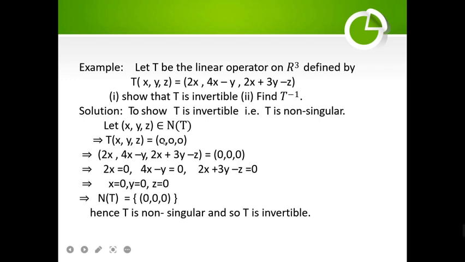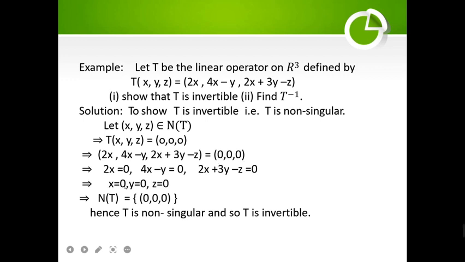We have 2x = 0, 4x - y = 0, and 2x + 3y - z = 0. So x is equal to 0, y is equal to 0, and z is equal to 0.